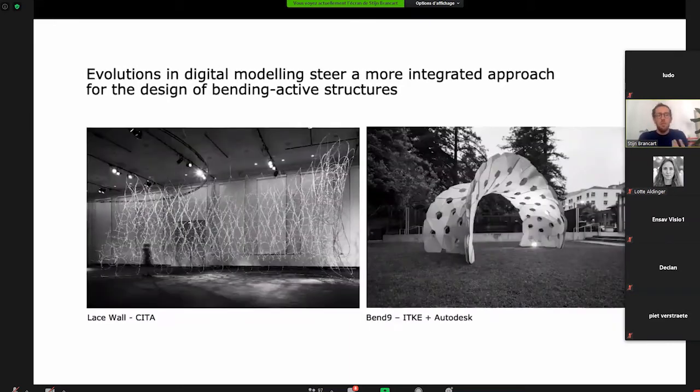But now we see these very nice structures coming up, also stimulated by evolutions in digital modeling. Now we can understand what happens. So we can also make an integration between what we know happens, so material behavior, the geometric implication that this has of combining different materials that are elastically bent in one structural configuration, and then these shapes of course also need to be structurally viable, and that gives rise to a whole new range of, I'm not going to say structural types, but new systems, new geometries, and so on.